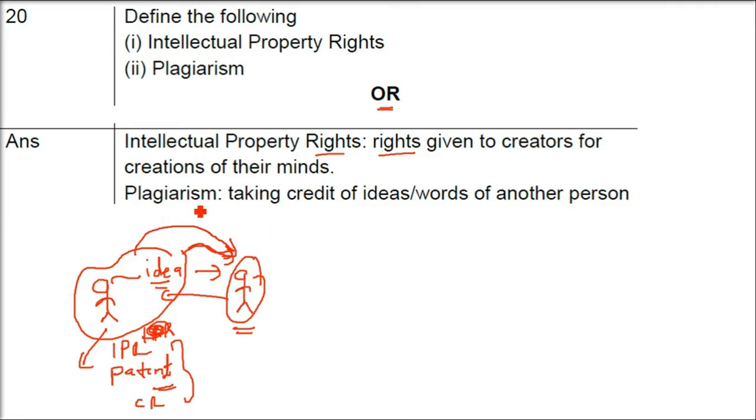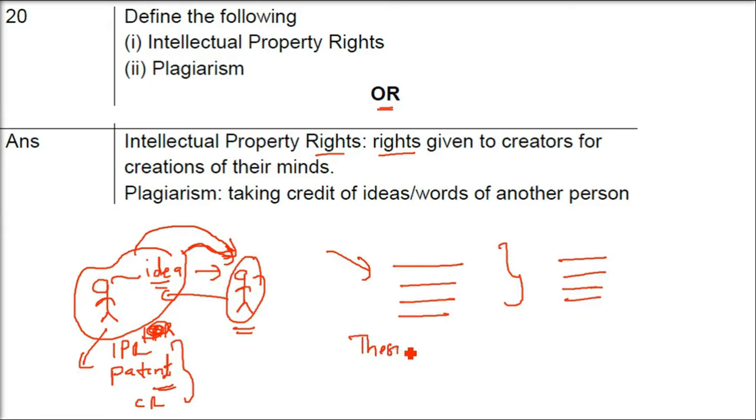Coming to plagiarism. What is plagiarism? Sometimes people call it plagiarism also. So now you wrote something. You put a lot of effort and made a piece of content, putting in all your hard work. Now someone actually copied the content. For example, you wrote a thesis, or you wrote a project, and someone else has copied the same content.